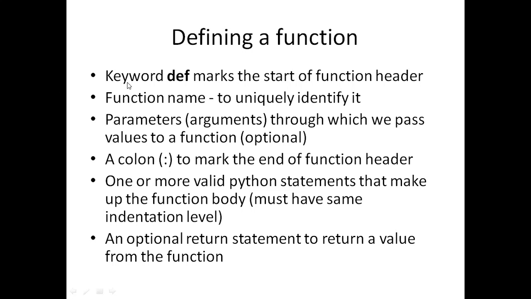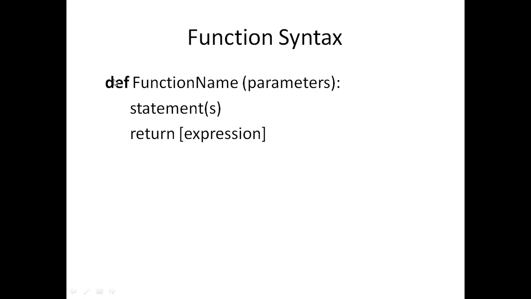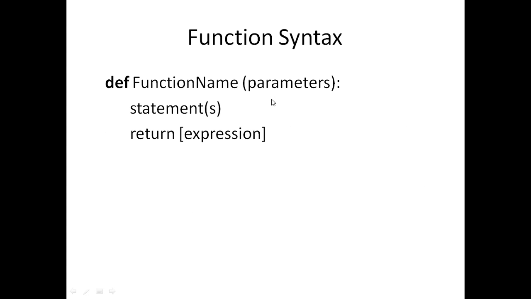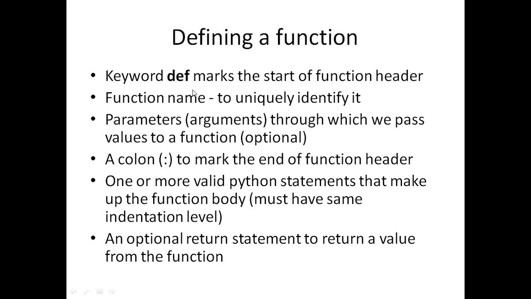So the keyword def marks the start of the function header. Then the function name is used to uniquely identify this function. We have already seen how to define and write identifiers, and how to use the naming convention in identifiers. Similar conventions can be used for Python function names also.